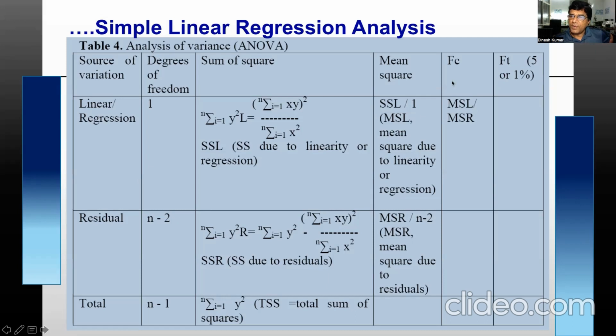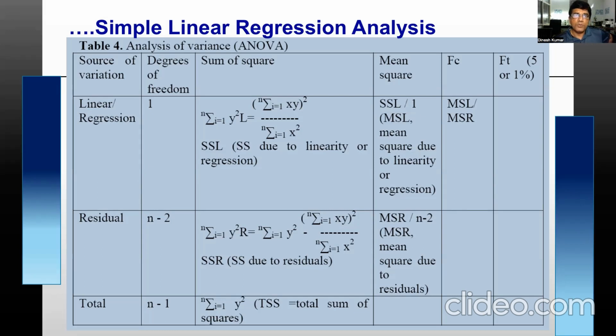And then if your F calculated is greater than the table value, then your test is significant, which means that your equation is genuinely or statistically linear. The results are significant, means your equation is linear. It does not have any other kind of relationship. It has only a linear kind of relationship.